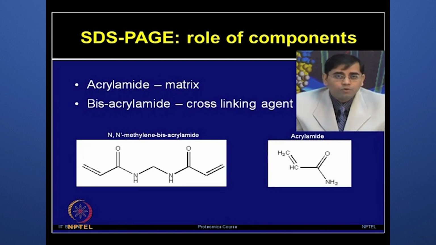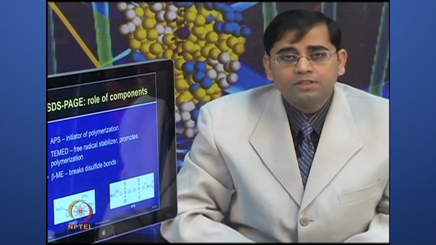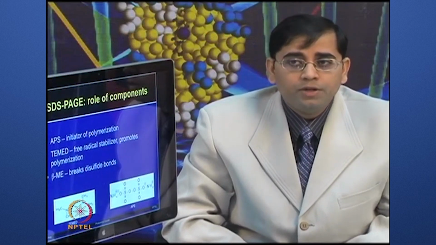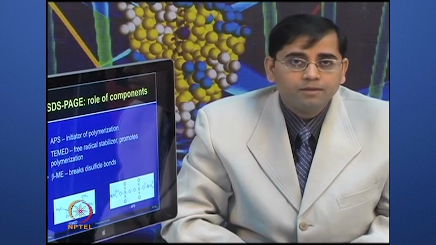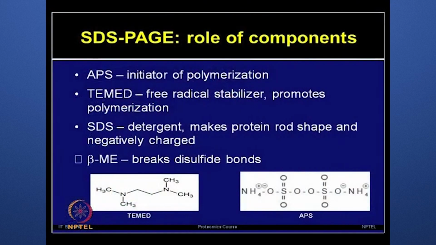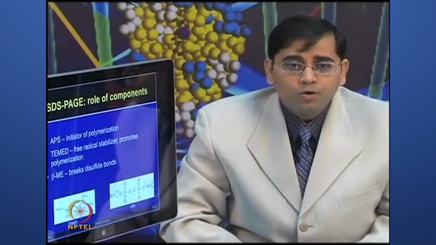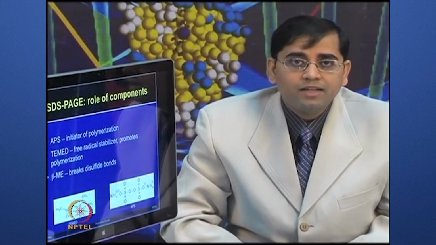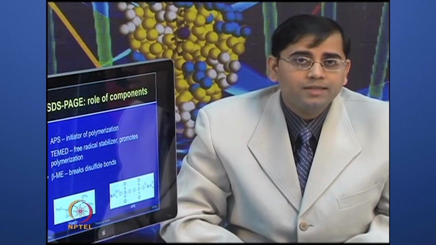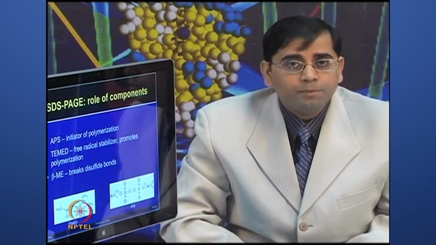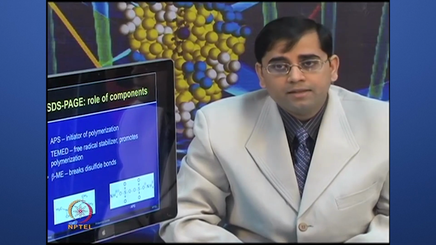You need to add a few more reagents, which include APS or ammonium persulfate, which initiates the polymerization process. TEMED, that is a free radical stabilizer, also promotes the polymerization of the gel. So, beta mercaptoethanol is not used in making the gel, but for your protein treatment to break the disulfide bonds. So, I hope you are at least able to understand the role of each of these components which are being used in SDS page, either during the protein preparation or making the gel to separate the protein.